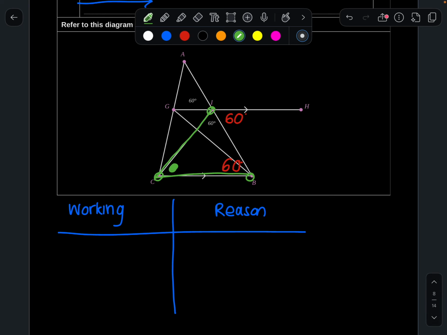We know if we look at this triangle, we know this is 60 degrees, this is 60 degrees, so this has to be 60 degrees as well. So angle ICB is equal to 60 degrees.